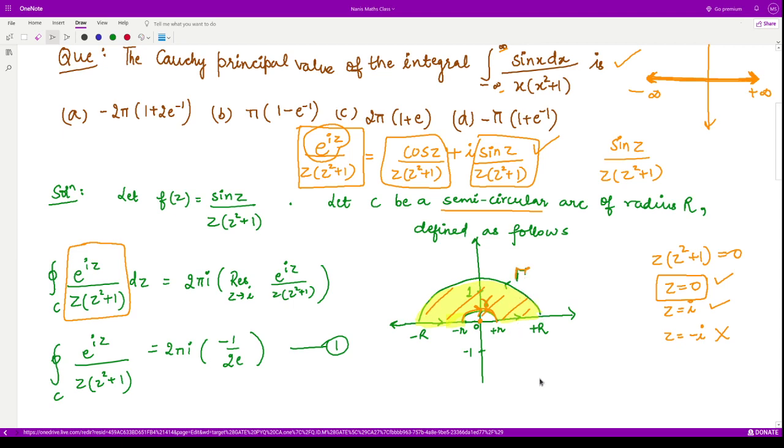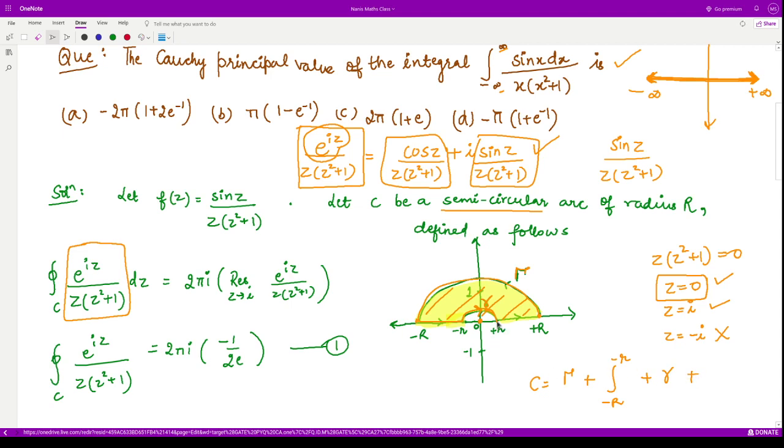So in effect your C becomes, if you start from this point, we are traveling in the anti-clockwise direction, so you will cover this whole curve. That means you are covering capital gamma in the anti-clockwise direction, and then you will cover the real axis from minus R to minus small r, and then you will cover small gamma.